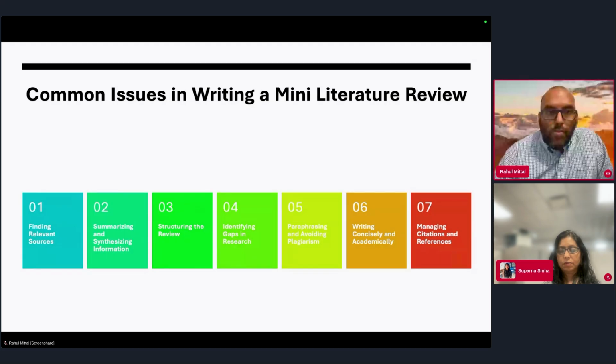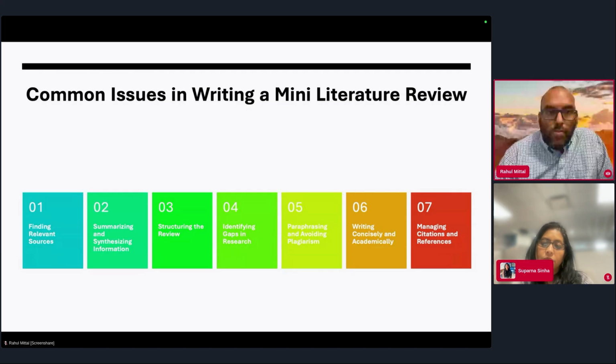So one of the things that we've been trying to do is highlight some of the gaps. For example, the students were finding difficulty in identifying credible and high quality research articles. They had an over reliance on Google searches instead of academic databases like PubMed and Scopus.